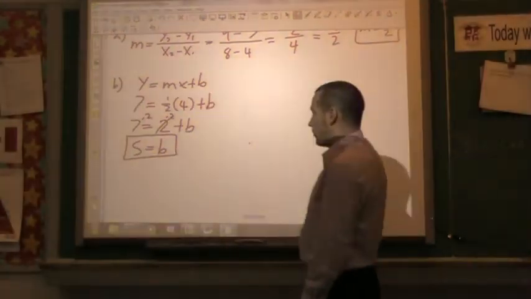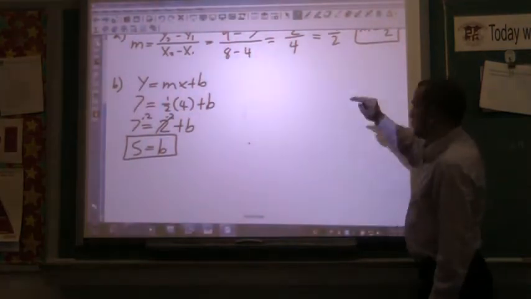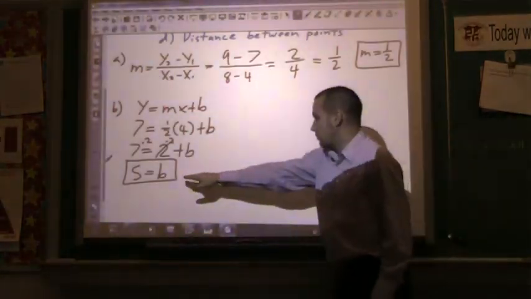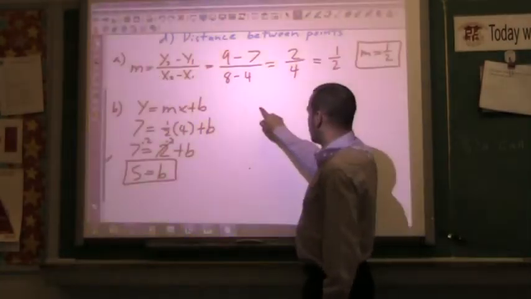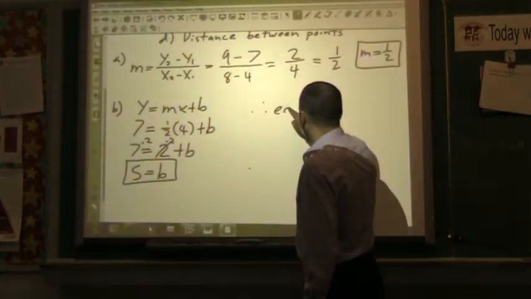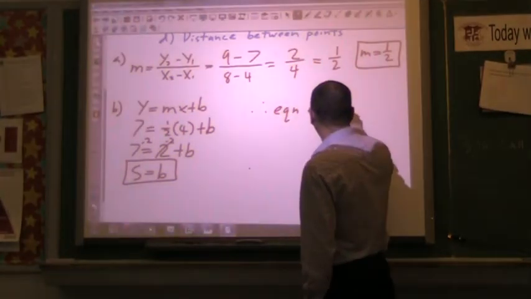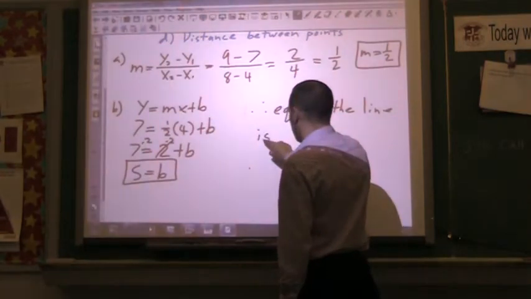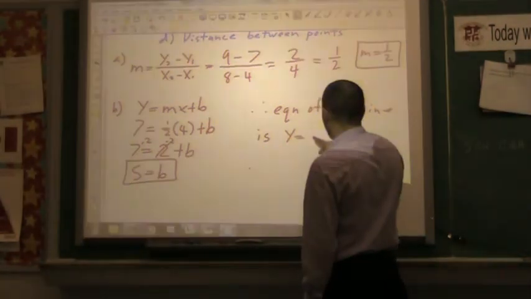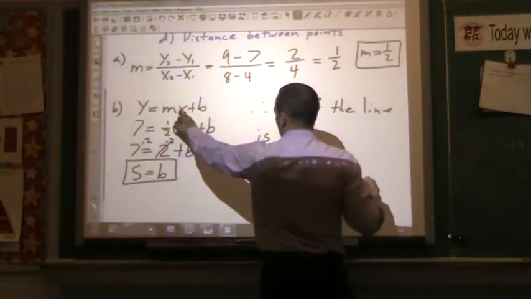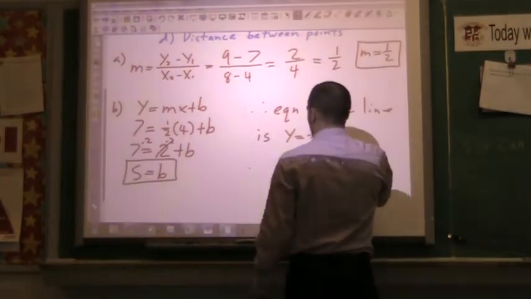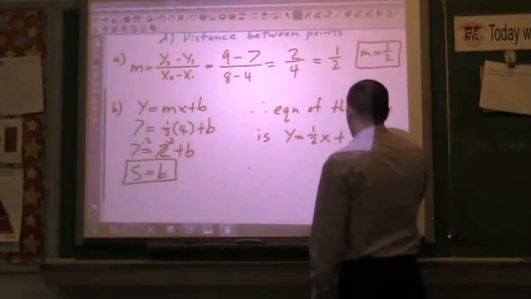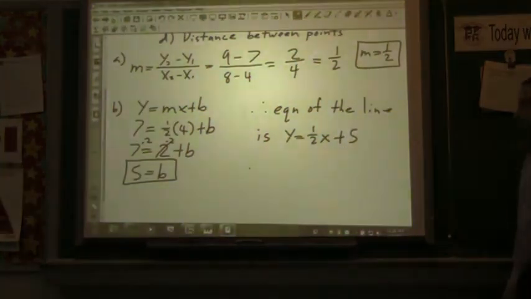So now I have both my slope, which was 1/2, and my y-intercept, which is 5. And so now I can say, therefore, the equation of the line is y equals mx plus b, so slope is 1/2, plus my b, which is a positive 5. So there's the equation of my line.